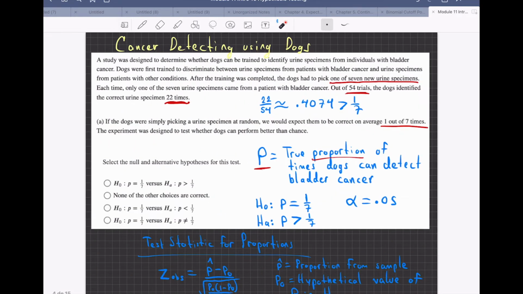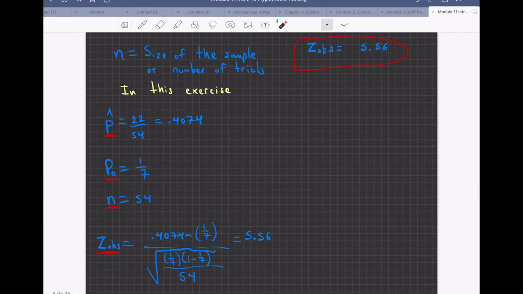You will have to pay attention to the alternative hypothesis. In this case, the alternative hypothesis is p greater. How to compute the p-value?